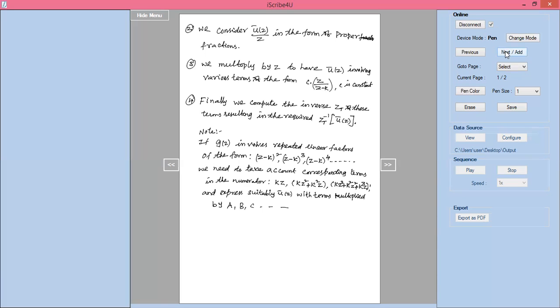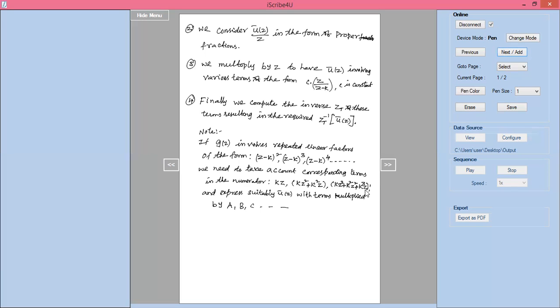I think understood. Whenever repeated factors come, if z minus k whole square comes in the denominator, I will write k z. If z minus k whole cube comes, I will write k z square plus k square z. If z minus k whole power 4 comes, k z cube plus k square z square plus k cube z and so on. Right. So this is the way of expressing the terms in the partial fractions.